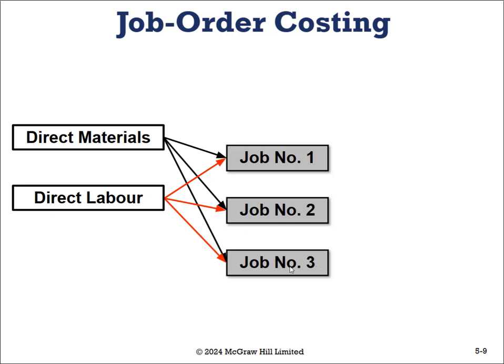Each requisition form identifies the job to which the costs of the materials are to be charged. So our black arrow here. The form then controls the flow of materials into production and also makes entries into the accounting records, which we'll see in just a little bit.